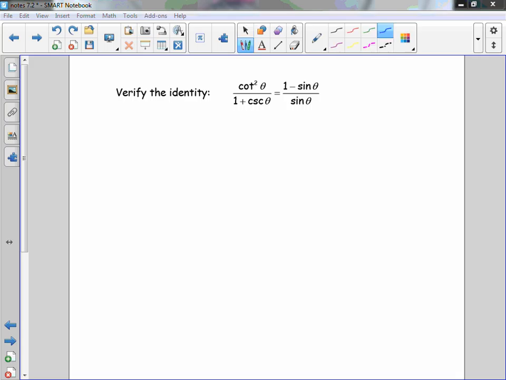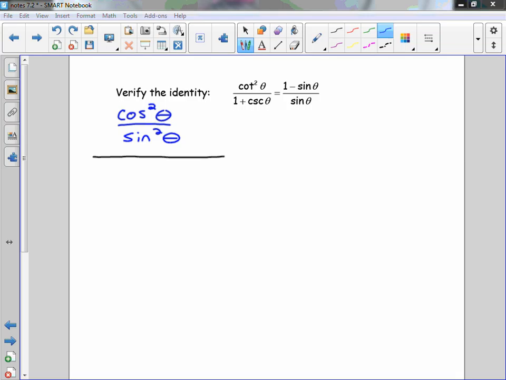So cotangent squared theta, if we rewrite that in terms of sine and cosine, we would utilize the quotient identities. Okay. So cotangent itself is equivalent to, so this would be cosine squared theta over sine squared theta.